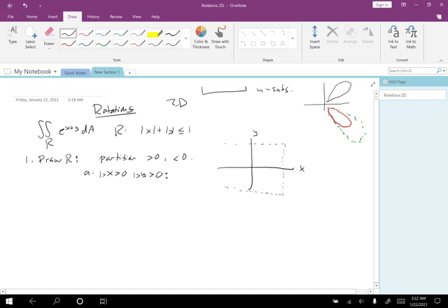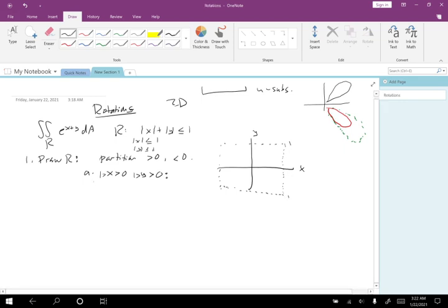I got this less than 1 just from this inequality, because surely this means x is less than 1 and y is less than 1 as well, because this y thing is positive. So here's the box of size 1.